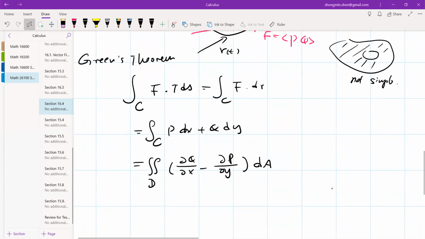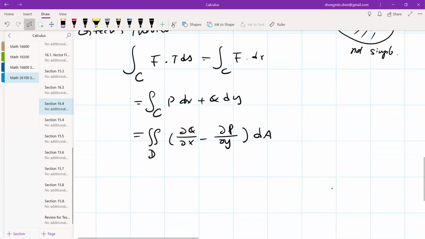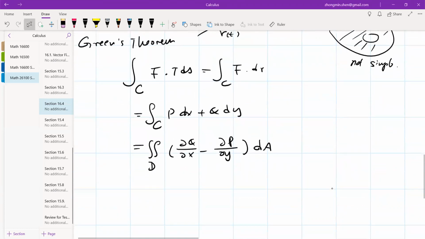Okay, so let's understand this theorem. From this theorem, my conclusion is that you can get the following, which we call a corollary.